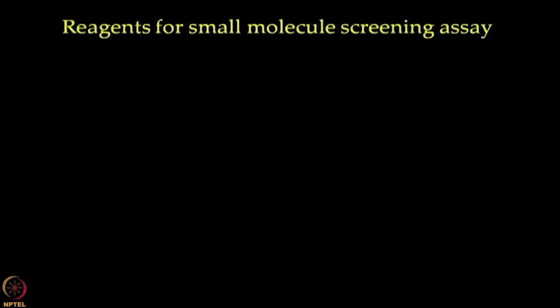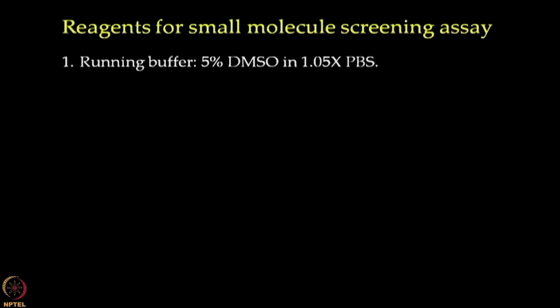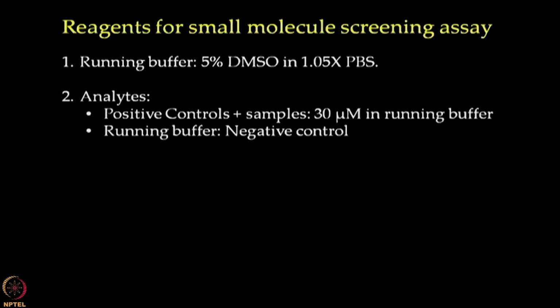As per the volumes listed in the table, we will prepare the following samples and reagents. Running buffer will be 5% DMSO in 1.05x PBS. Positive controls and samples at 30 micromolar concentration in running buffer, and running buffer will be used as negative control.